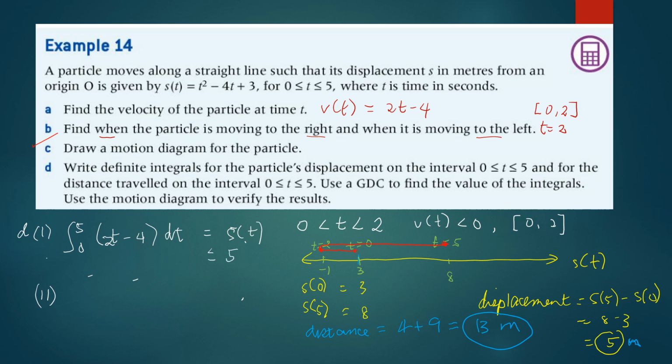And then for the total distance, it's from 0 to 5, but you get the absolute value of 2t minus 4 dt. It gives you 12 point something, and it's around 13. Okay, so you can see that it says we verify, but we have already done that in part C.